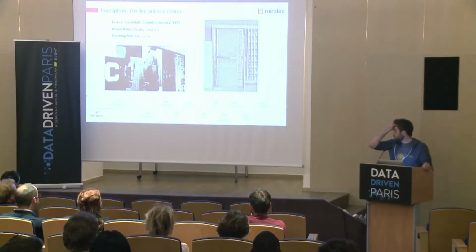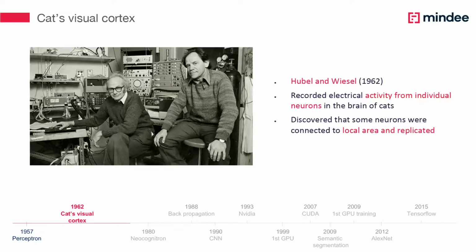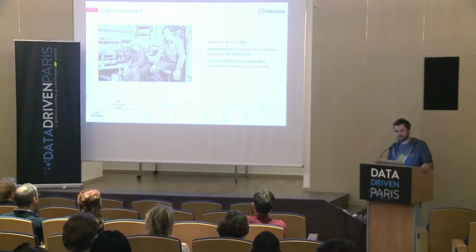In this example, the first artificial neuron is the picture on the right, and I think maybe it was just trying to solve a binary classification problem, like is the image representing a C character or something else? It was not working, actually. The perceptron is not powerful enough to do something that complicated, but it inspired the research community and the engineers a lot.